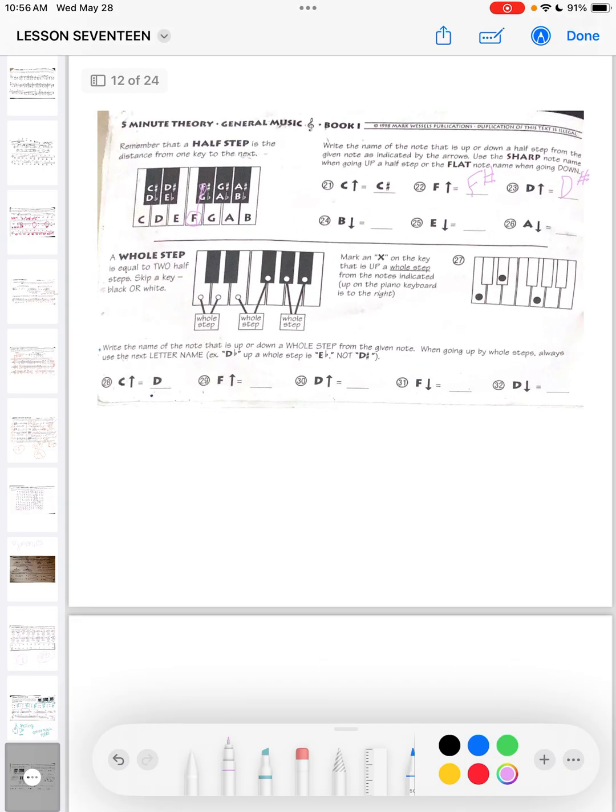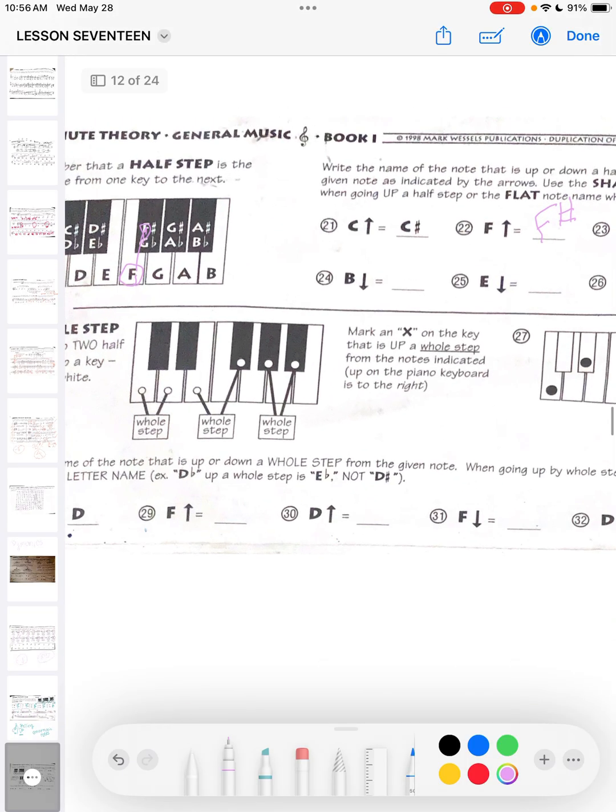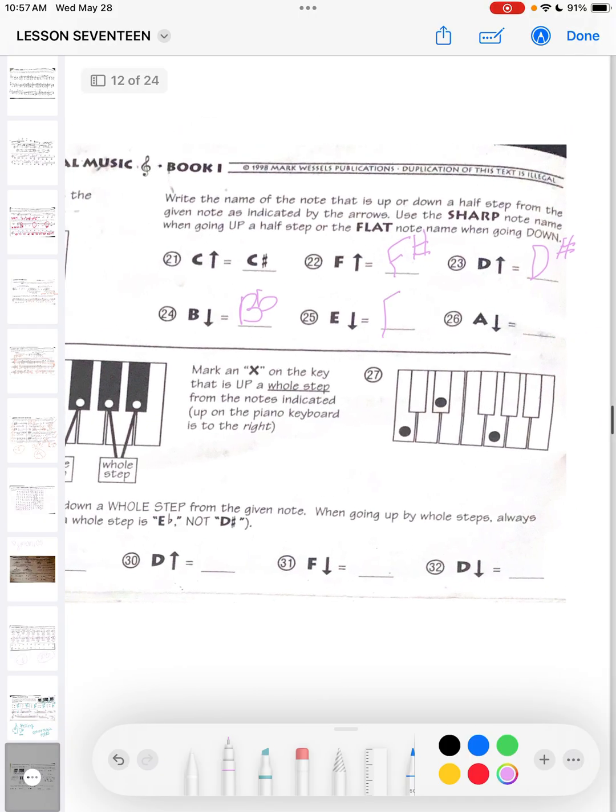This is a really strong trick, I remember all this stuff. The clock trick. B, the half step down is going to be B flat. E, the half step down is going to be E flat. Half step down from A is A flat.